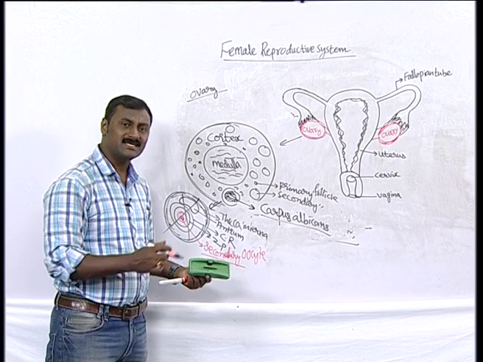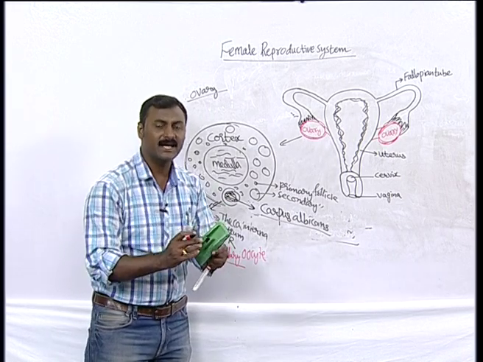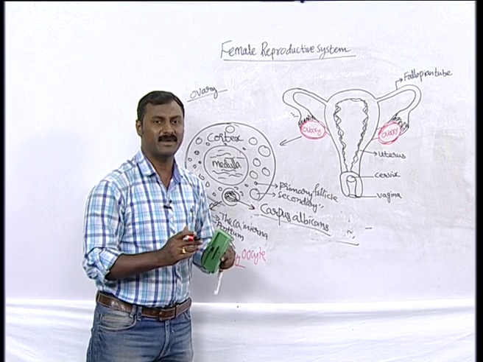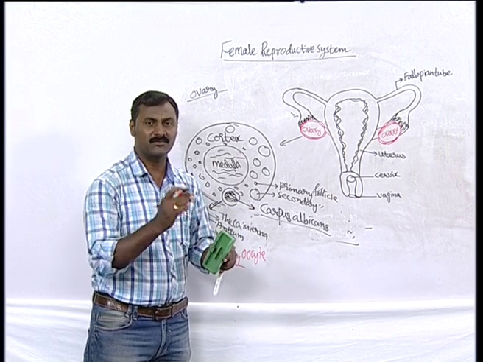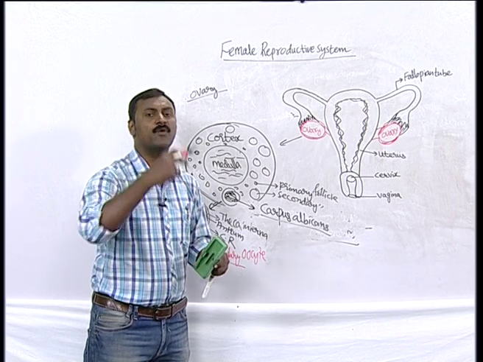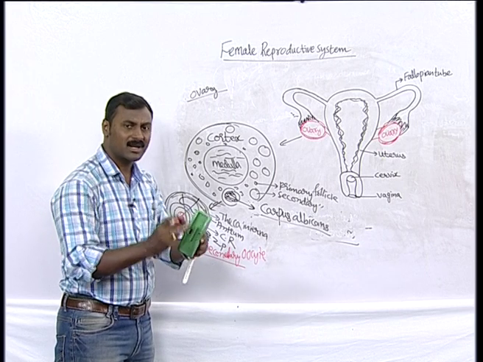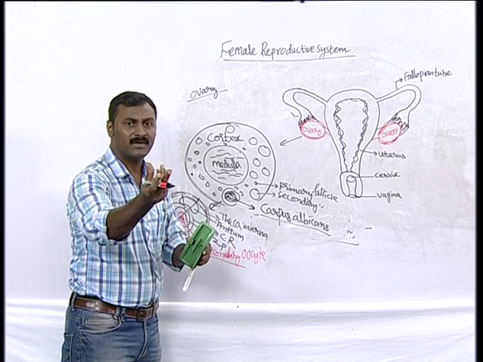So inside the ovary you can see that every month in females, in the middle of the menstrual cycle, almost on the 14th day, ovulation occurs. From the Graafian follicle, the secondary oocyte is released.